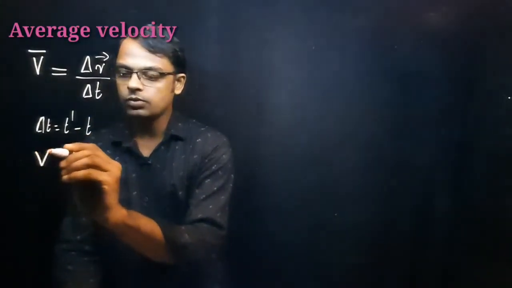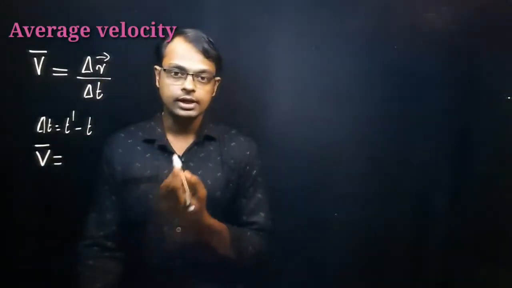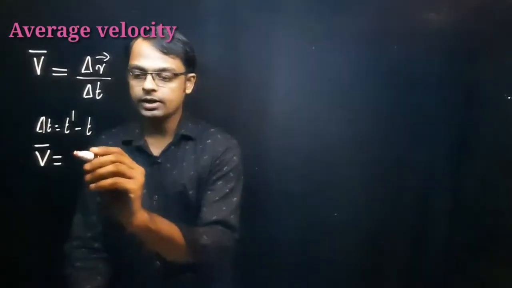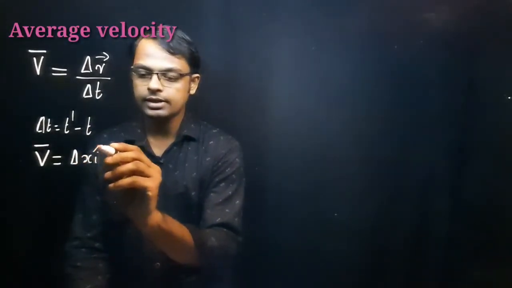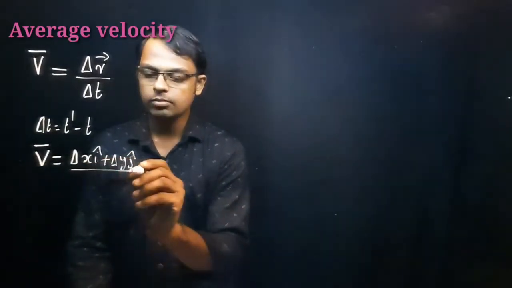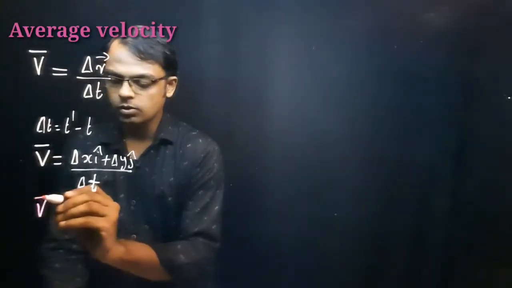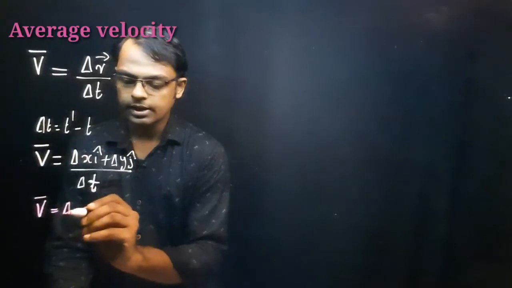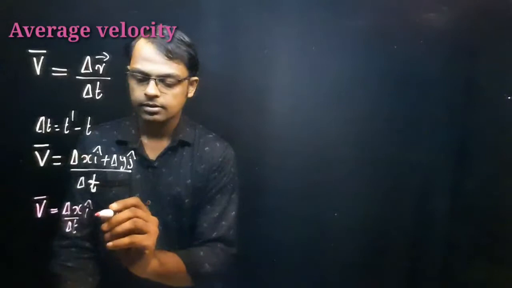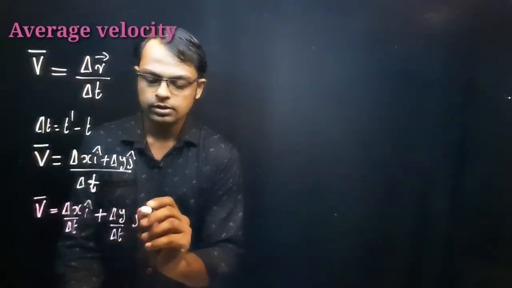Now we can write the average velocity v bar is equal to, what is delta r? Delta r is equal to delta x i cap plus delta y j cap, right? So we can write delta x i cap plus delta y j cap all divided by delta t. Now we can write v bar is equal to delta x by delta t i cap plus delta y by delta t j cap.